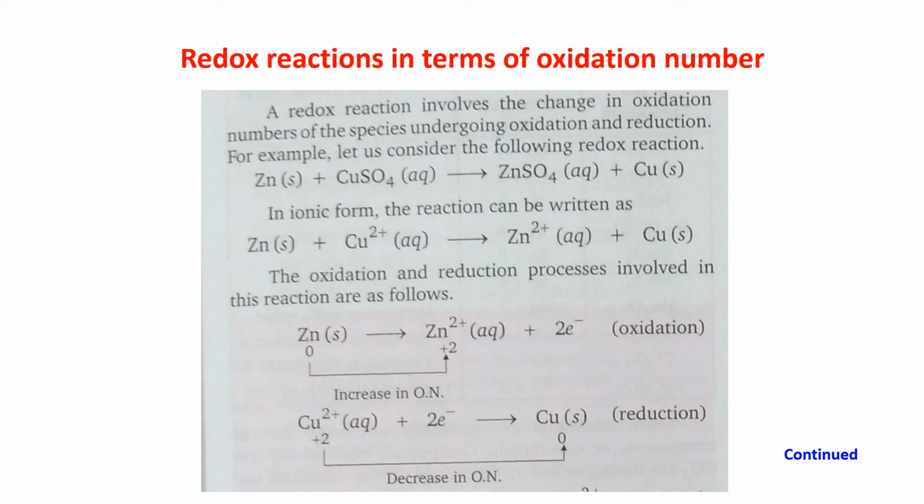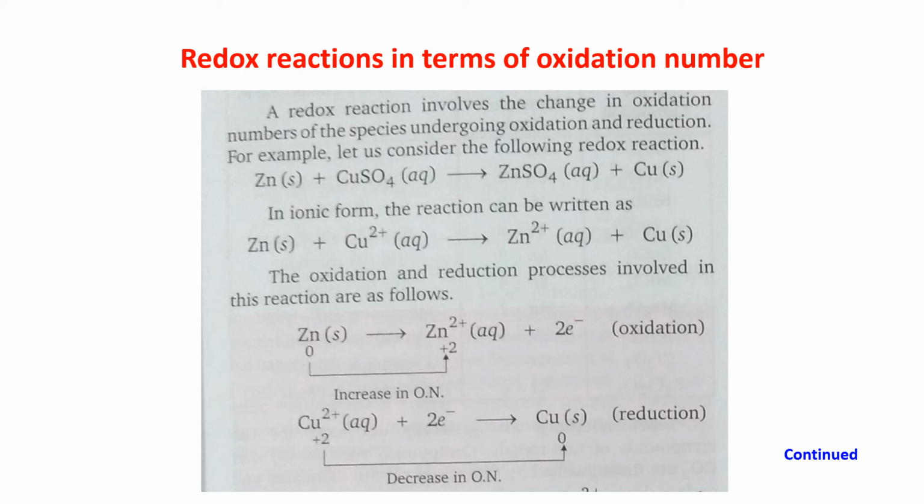Now this is redox reaction in terms of oxidation number. A redox reaction involves the change in oxidation number of the species. By seeing the change in the oxidation number in a reaction for a particular species, we can say which element has undergone oxidation and which has undergone reduction.